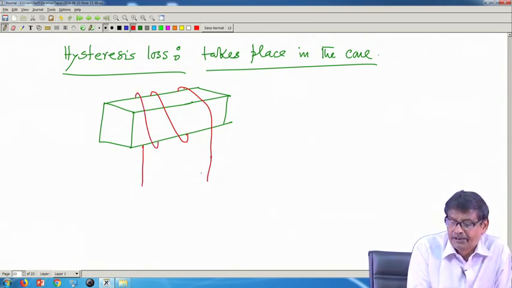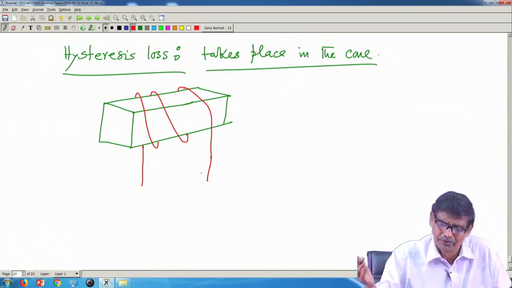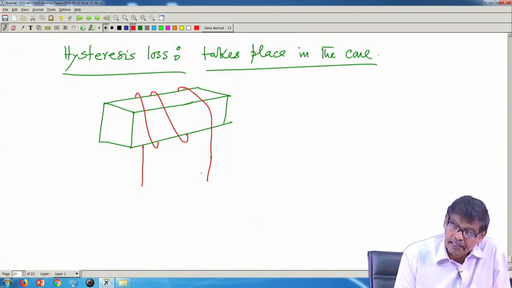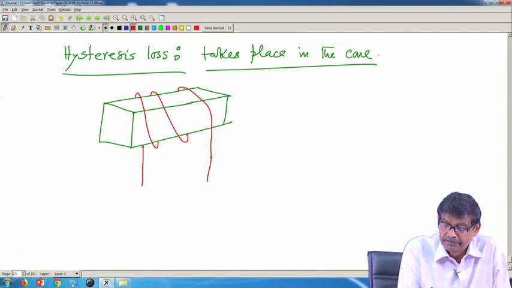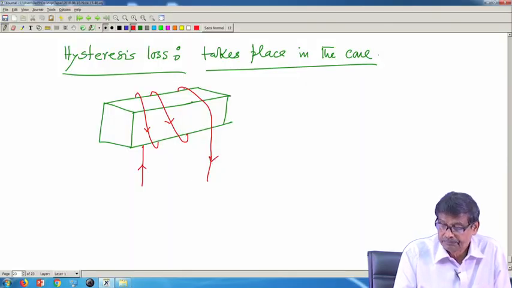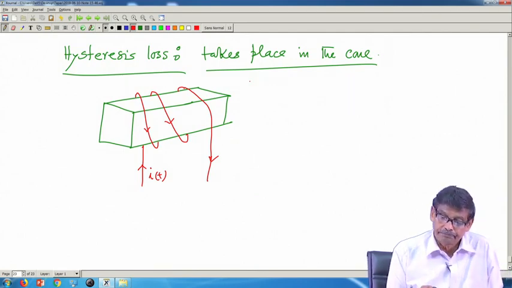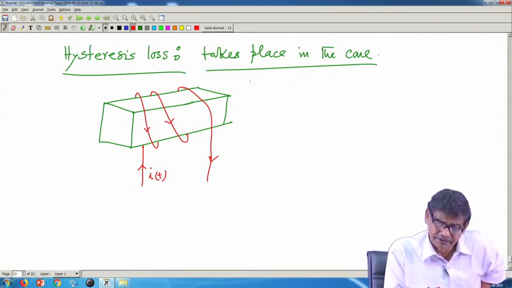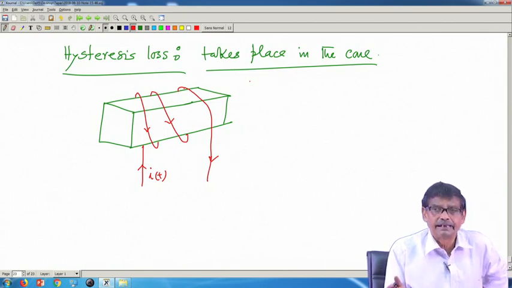Like this, a coil is wound and this length is more, whatever it is. And suppose you pass some AC current. If you pass current, then why does this core get magnetized?